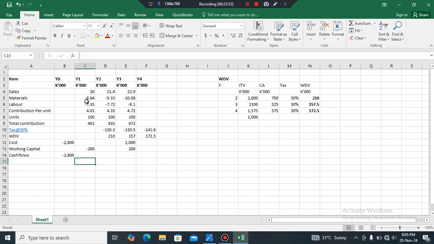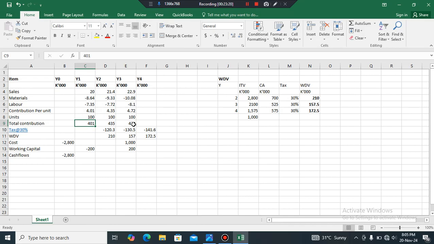Let me just do that so as not to calculate in my head. So we've already found this up to here, right? So contribution multiplied by 401.